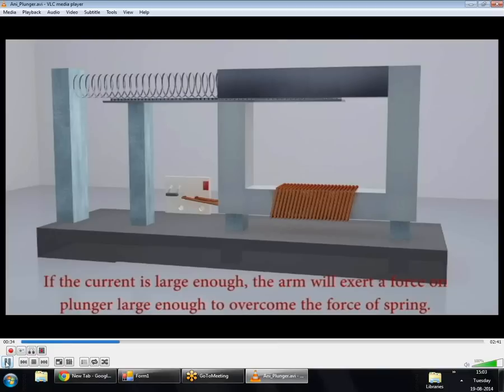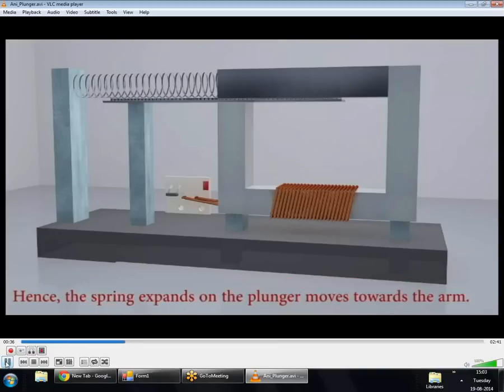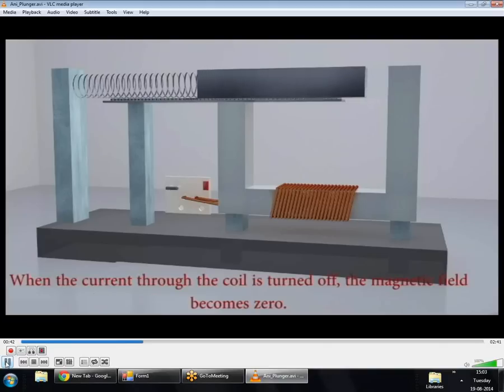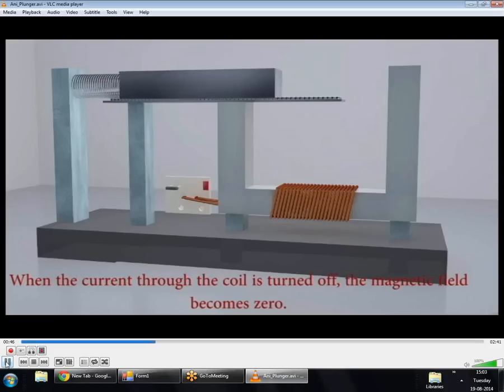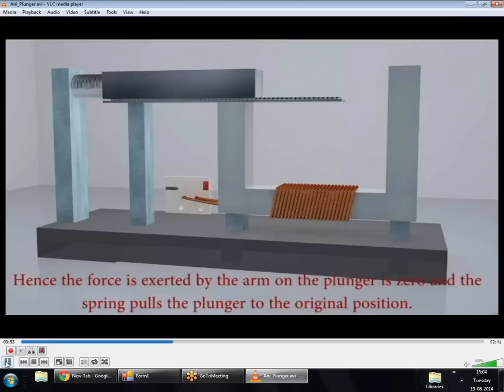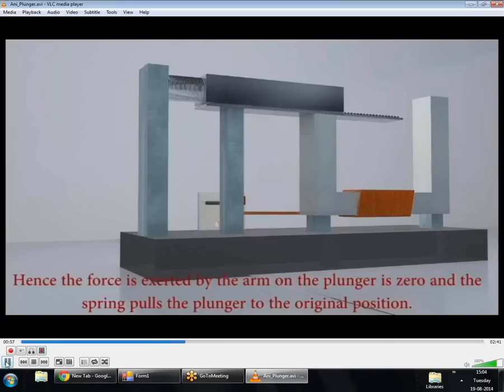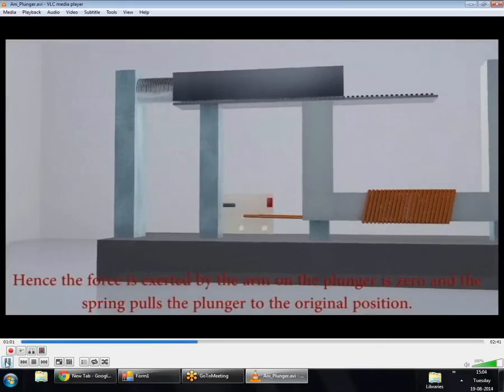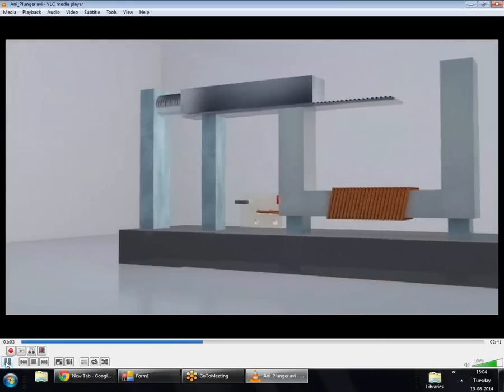And once we switch off the current flowing through the coil, the magnetic field would disappear, and as a result the force attracting the plunger would disappear, and the spring would relax and bring the plunger to its original position. So this is a simple linear motion. In reality, the mechanisms are a bit more complex, but this is a very simple illustration of those complex linear motion systems that do exist.